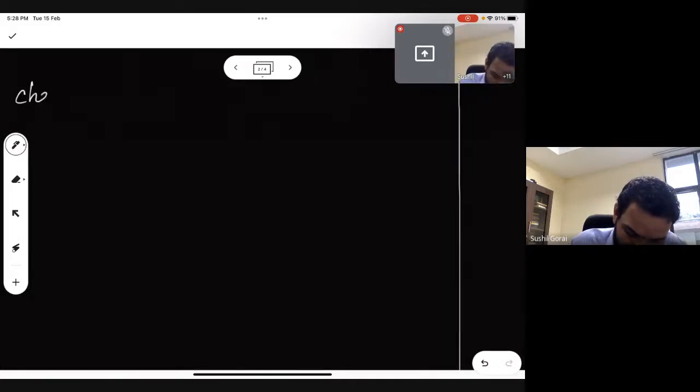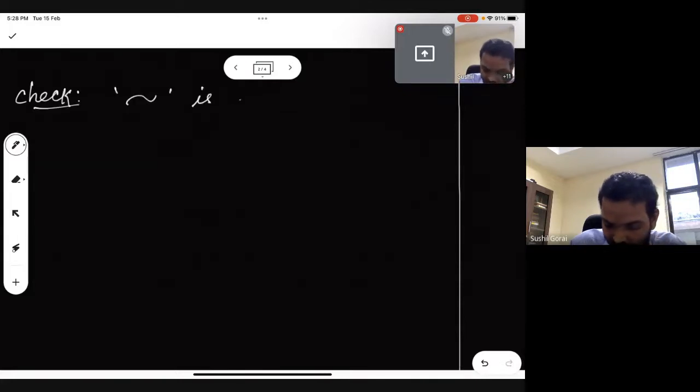This is very simple to check. This is an equivalence relation.